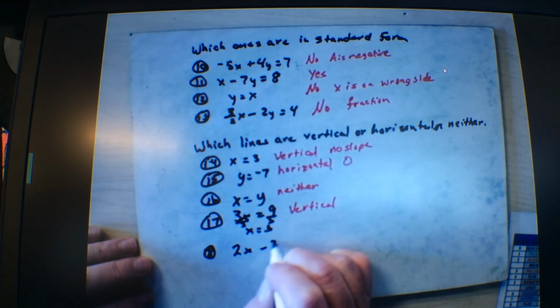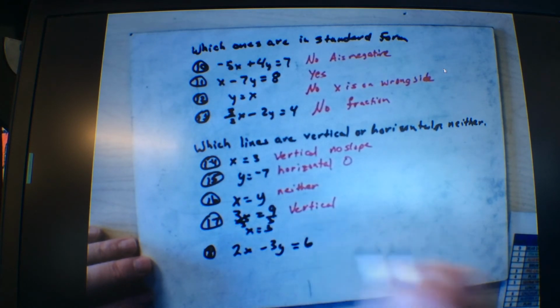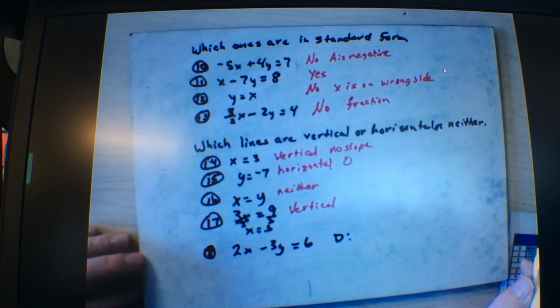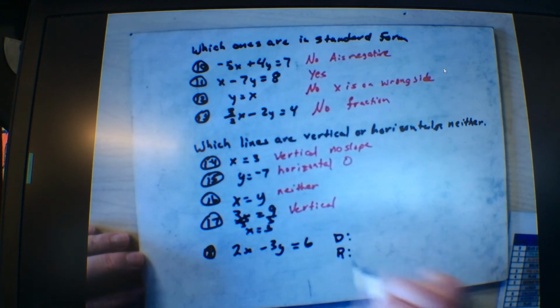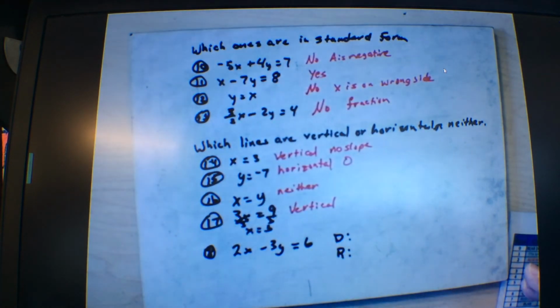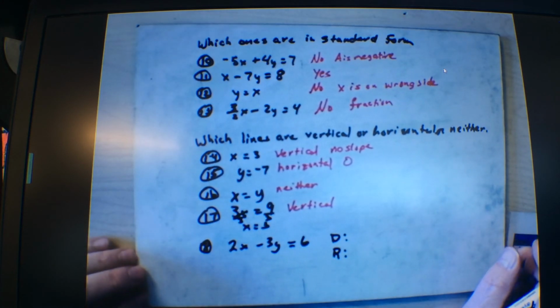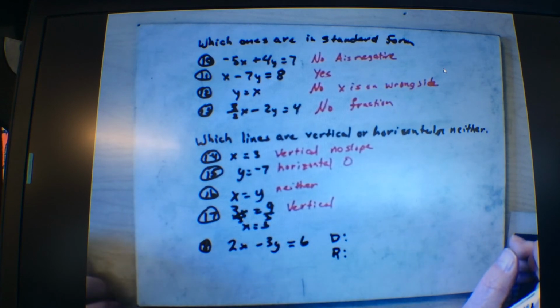2x minus 3y equals 6. Domain. What's the domain? What's the range? What kind of line is it?